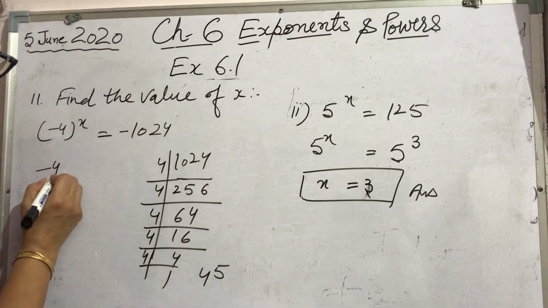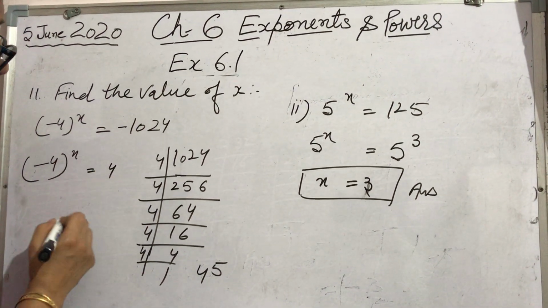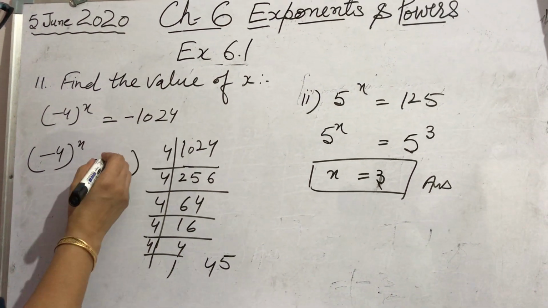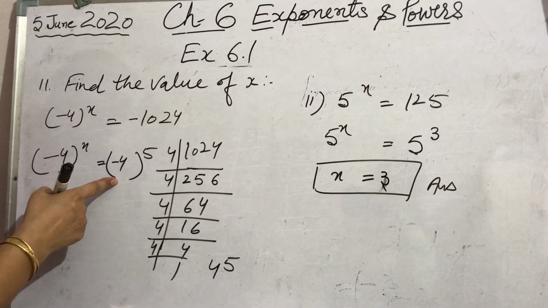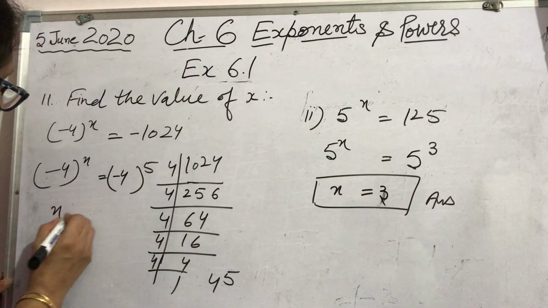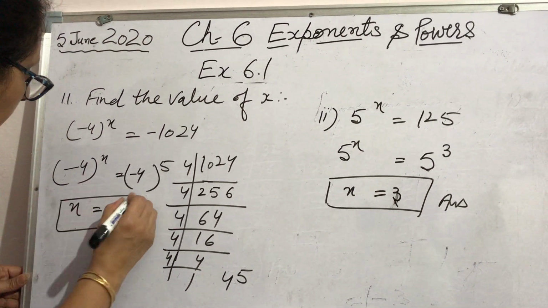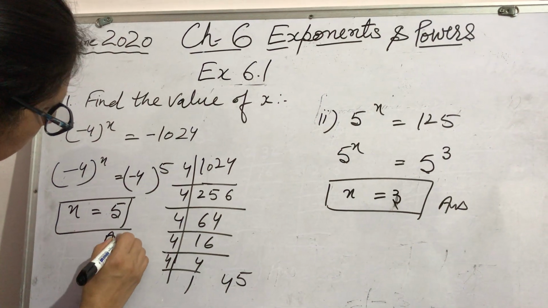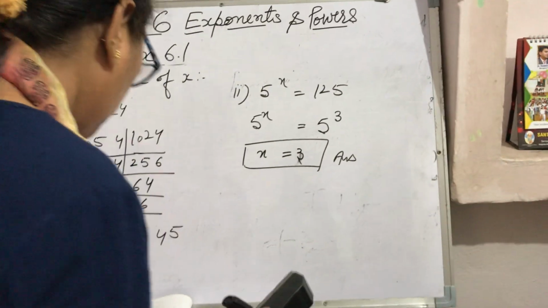So (-4)^x = (-4)^5. Bases are the same, so powers will be equal. x is equal to 5. This is the answer. Then question number 12.